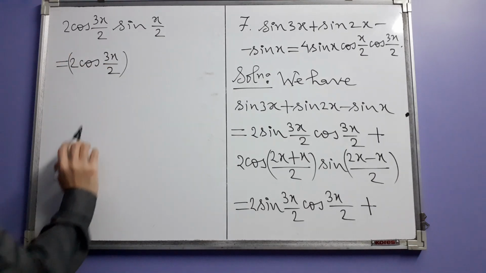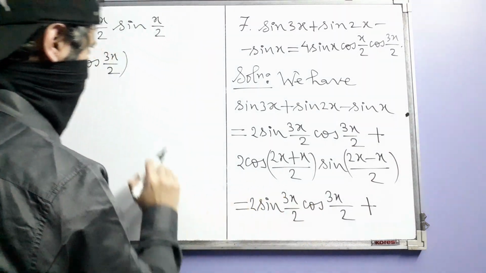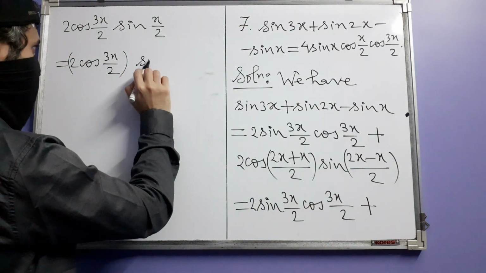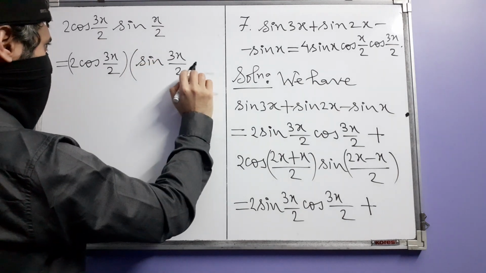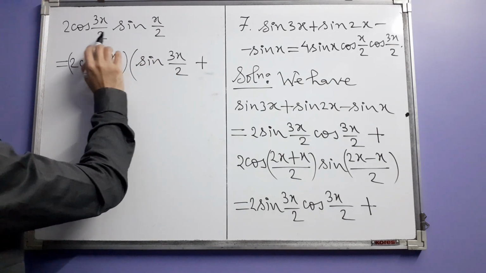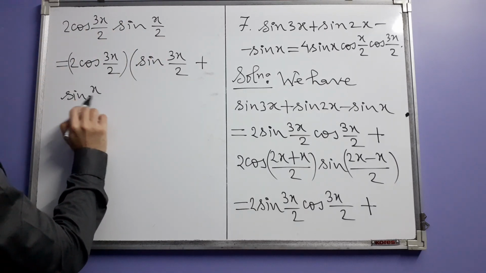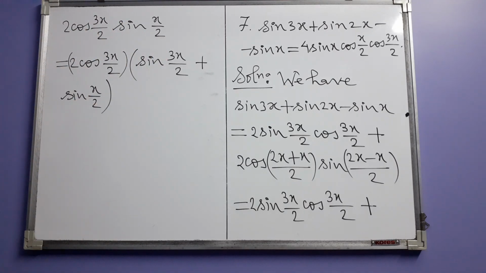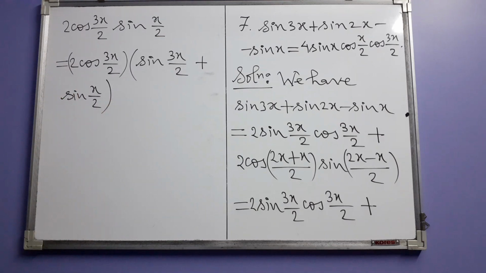And that leaves, so what else is there in the first term? Sin 3x over 2 plus sin x over 2. Now here you have to again apply the sin c plus sin d formula.